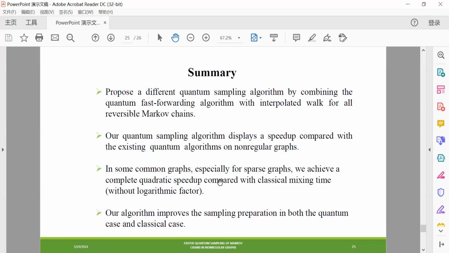And in some special graphs, especially sparse graphs, we achieve a completely quadratic speed up compared with the classical mixing time. And from this, we can see that our algorithm improves the sampling preparation in both the quantum case and the classical case.